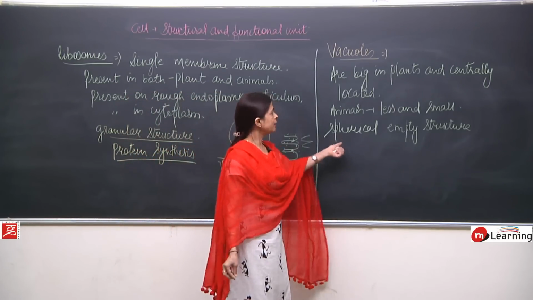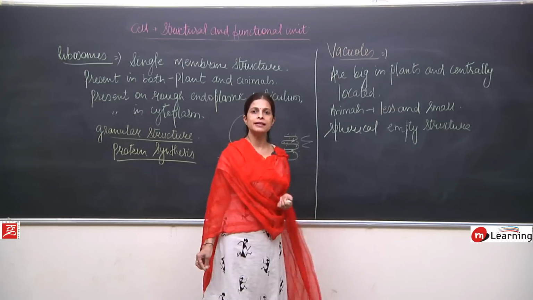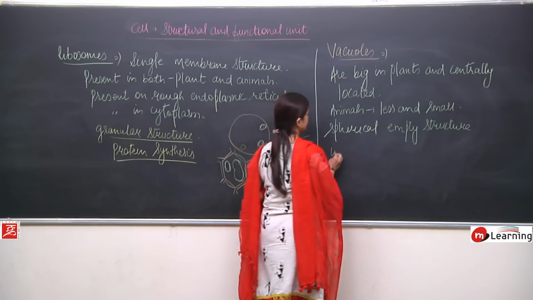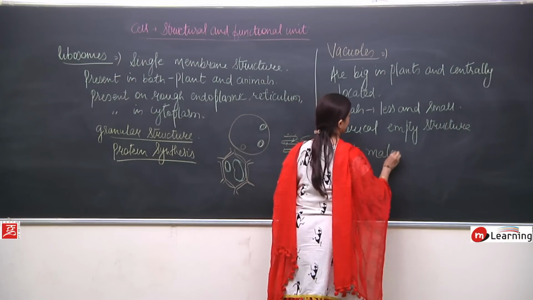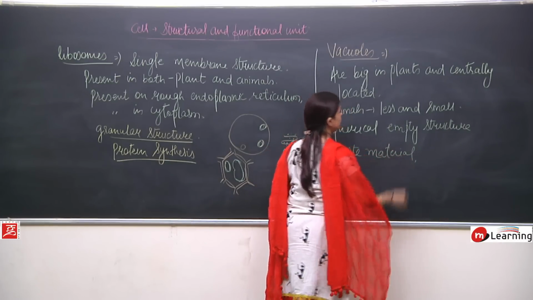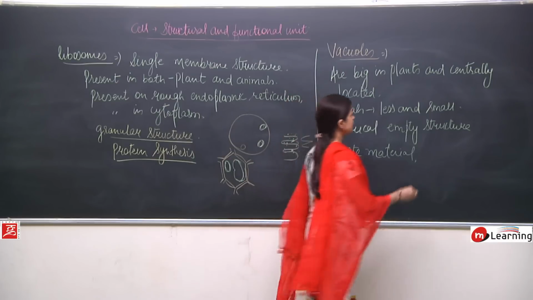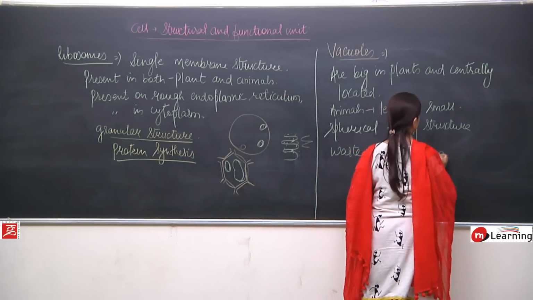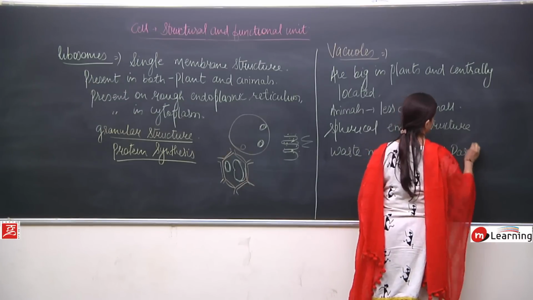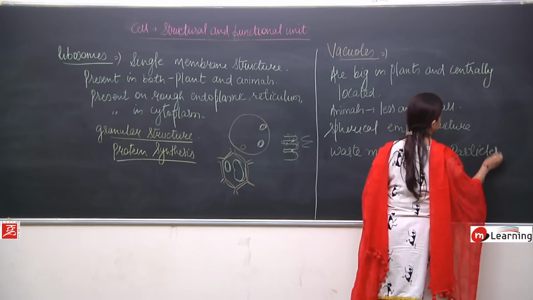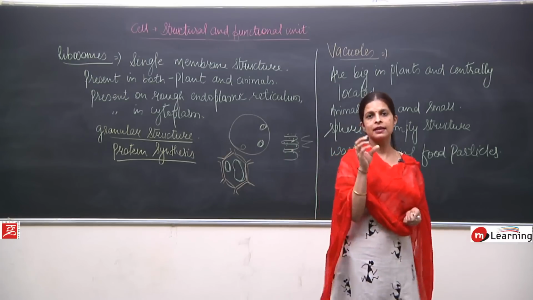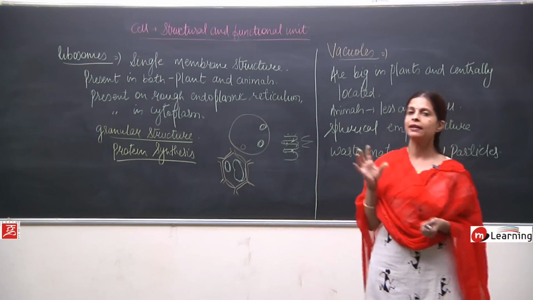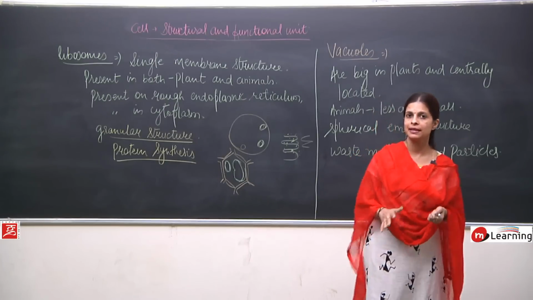And what else is filled in this? Maybe the waste material, or even the food particles. So vacuoles are the empty spaces which are present in both the plant and the animal cell.